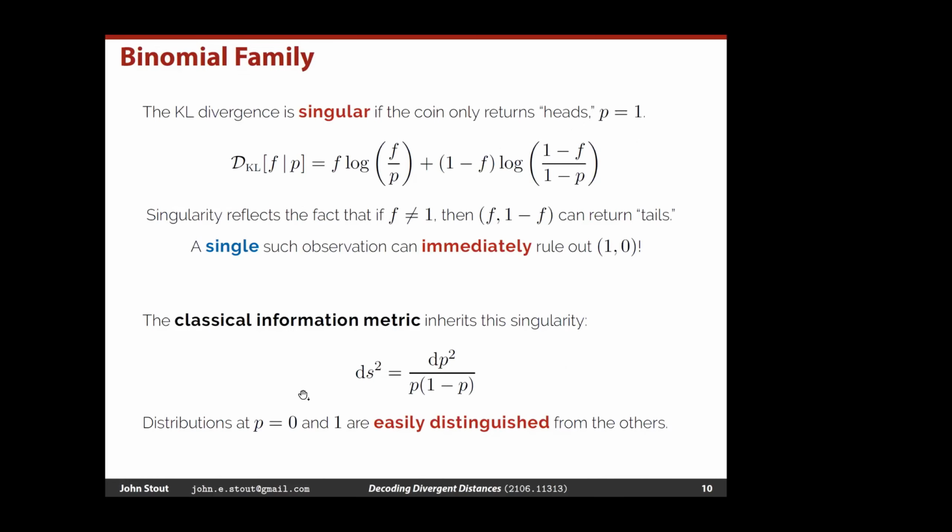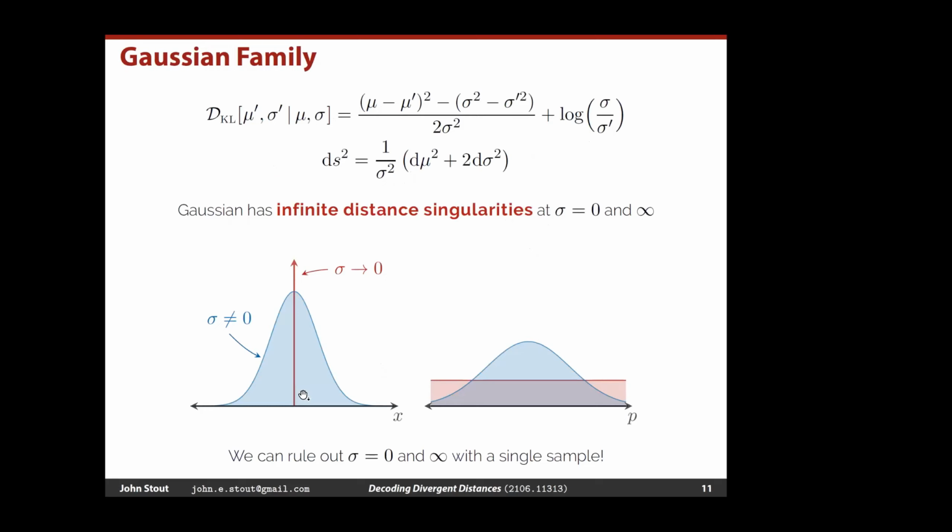So this was at finite distance. We can consider a simple example, which is at infinite distance, the Gaussian. If I imagine changing its variance and mean, it gives rise to a metric which is Euclidean AdS2. And it has an infinite distance singularity when the variance collapses to 0 or the variance goes to infinity.